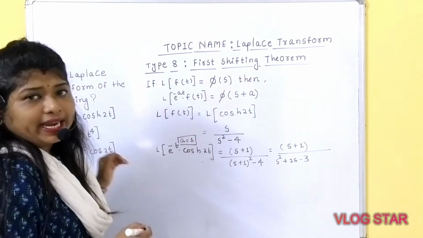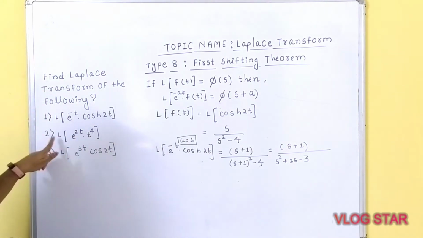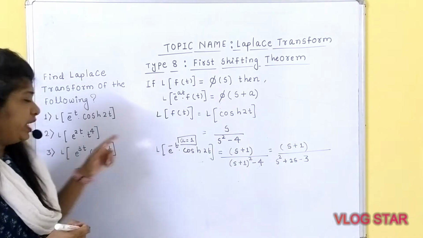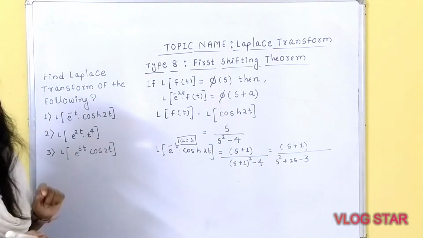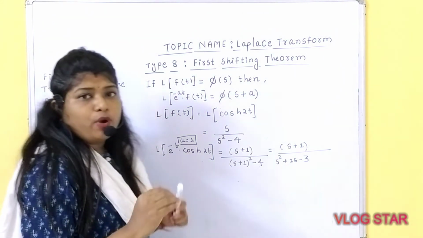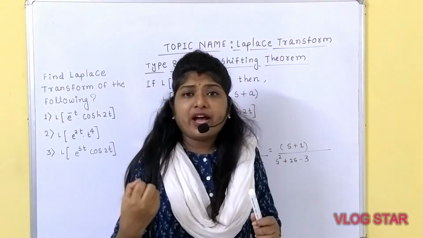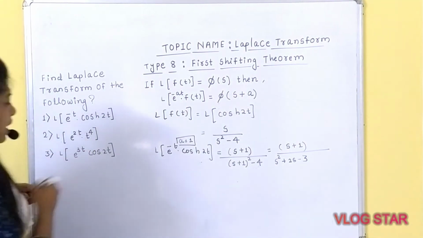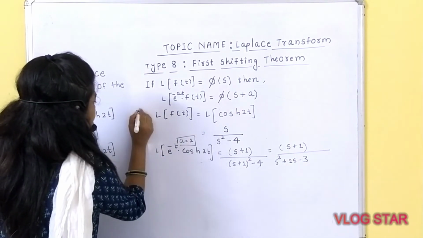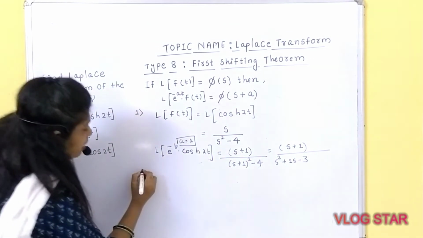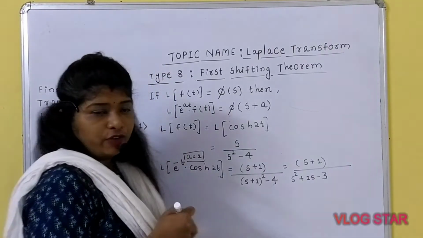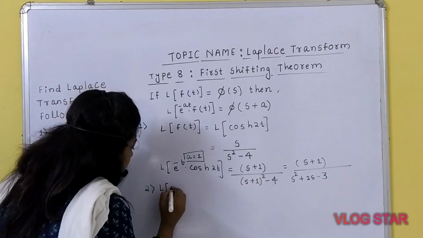Let's consider the second example. What is given? We have to calculate Laplace of e raised to 2t into t raised to 4. As per the standard formula, first you need to identify what is f of t. This is the solution for the first example; we need to find the solution for the second: Laplace of t raised to 4.